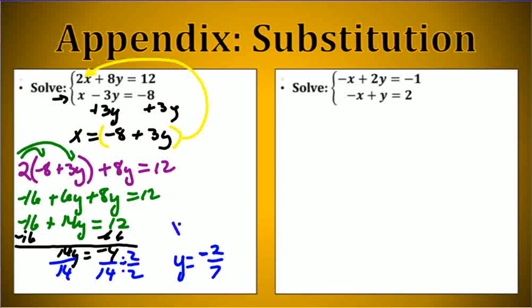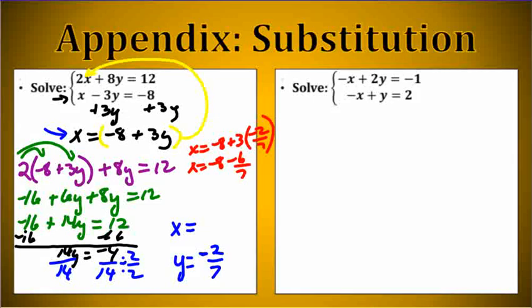Now I need to find out what x equals by substituting my y into one of these two equations. I'm going to substitute it in this one because I'm solving for x. I just need to plug in -2/7 for y. So x would equal -8 plus 3 times -2/7. So now I have x equaling -8 minus 6/7.